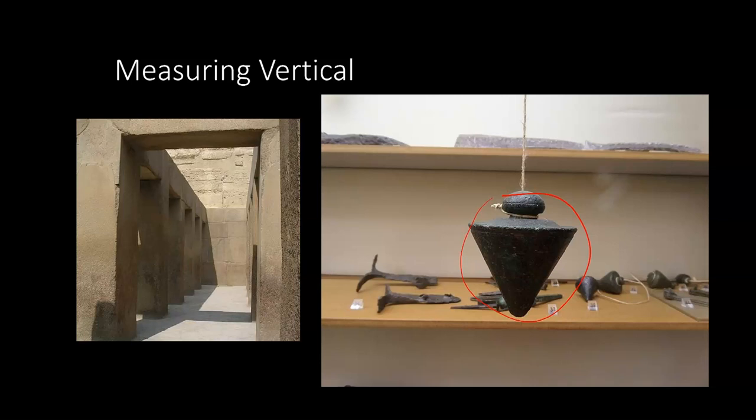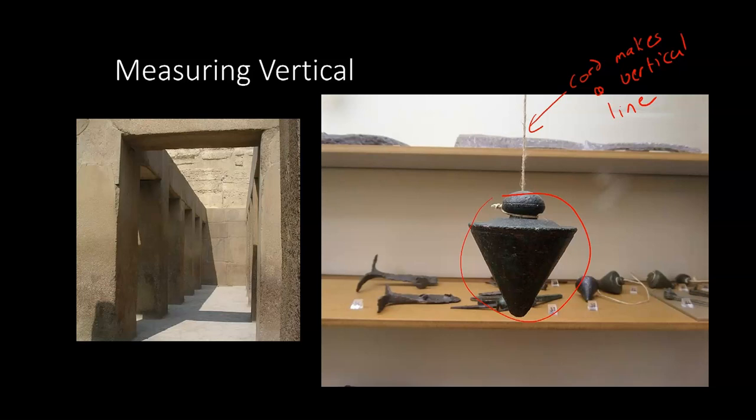And then what you know from that point on is that the cord makes a vertical line, and the reason is gravity acts in the vertical direction. So if that cord is vertical, you can use this to test vertical lines.